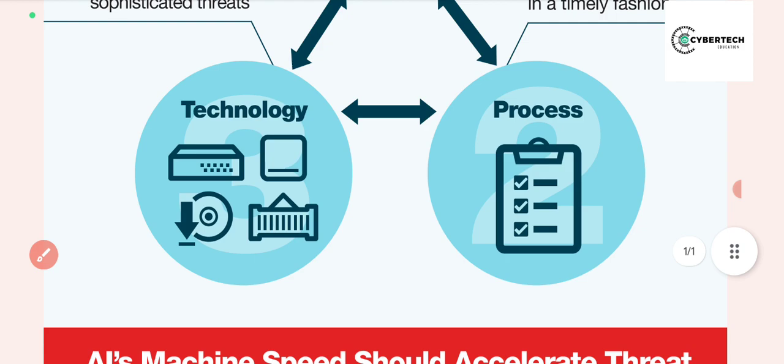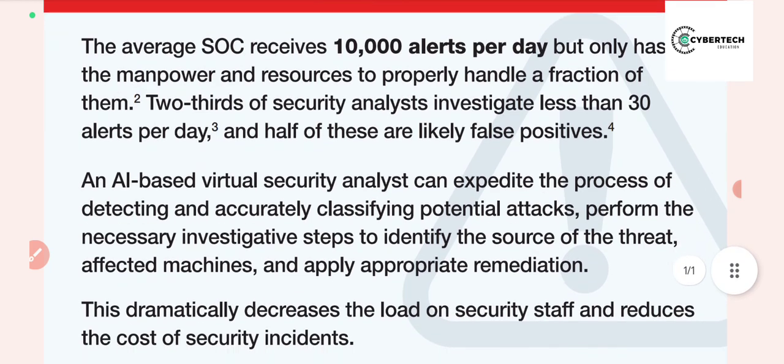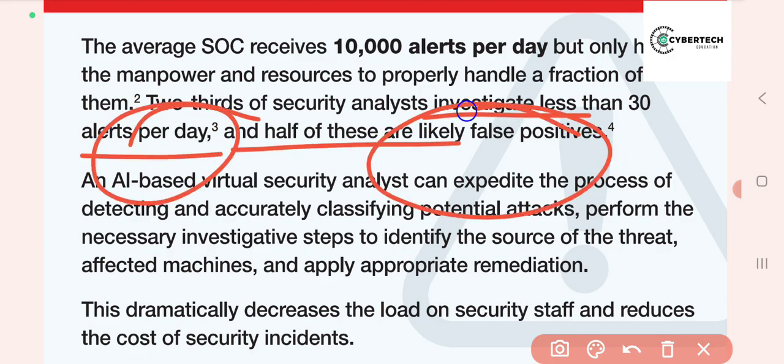When we discuss technology and process, AI machine speed should accelerate threat detection, investigation, and response. The average SOC receives 1,000 to 10,000 alerts per day, but has only the manpower and resources to properly handle a fraction of them. Two-thirds of security analysts investigate less than 30 alerts per day, and half of these are likely false positives.